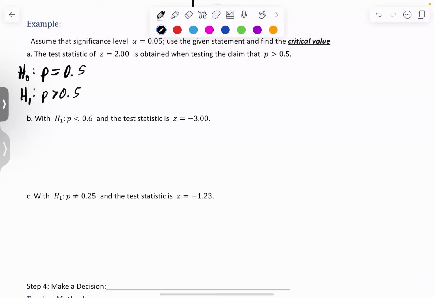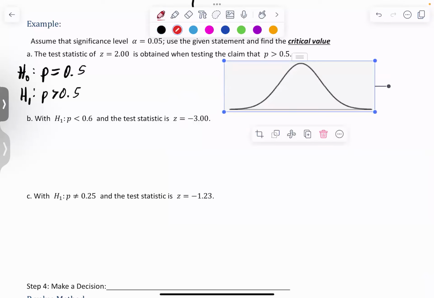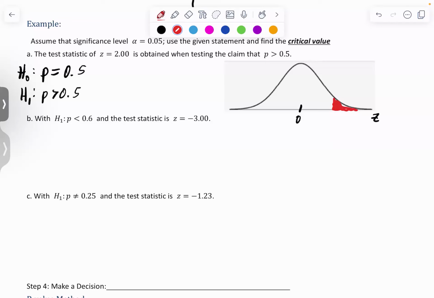Now, remember, a greater than means that it is a right tail. Oops. So let's set our alpha. This is C. Our alpha is a right tail because it's greater than. So we're here. They tell us that this is 5%.